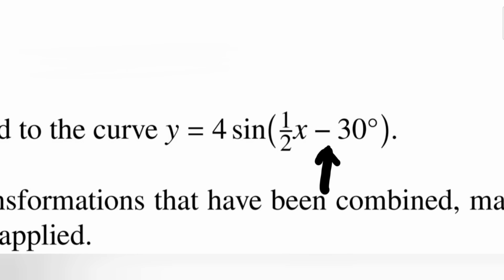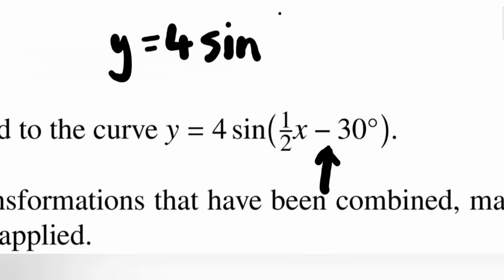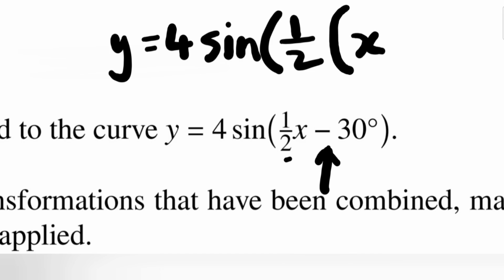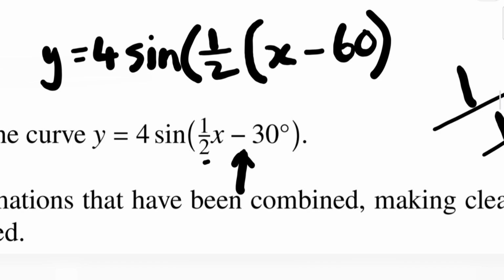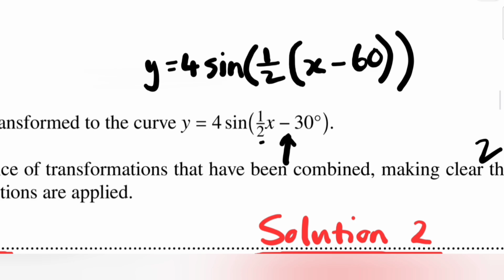By that I mean it will be y equal to 4 sine, then we factor half, so factoring half there, we get x minus 60, like this. That's what we get after factoring half.